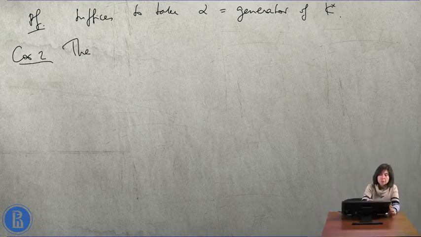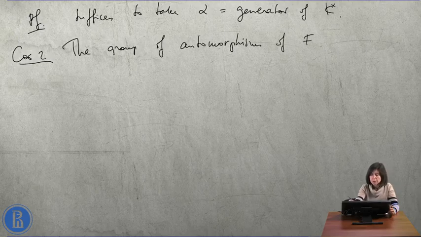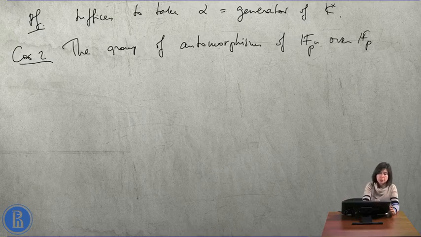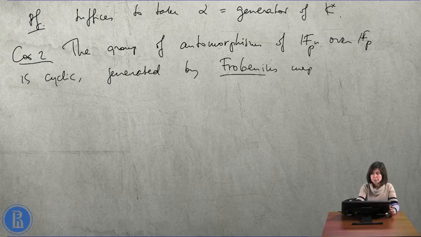Okay. Corollary 2. The group of automorphisms of K, well, F_p to the power n over F_p, is cyclic, generated by the Frobenius map. Well, the Frobenius map F takes x to x to the power p.